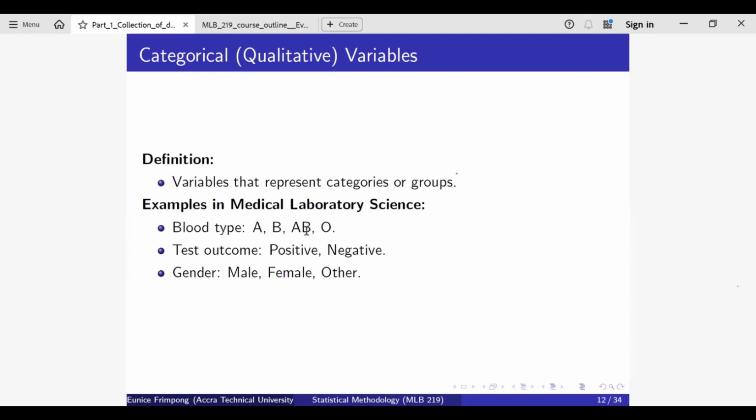You cannot assign numbers to them, as you can see. Test outcome. If you test for anything, let's say malaria, it's either positive or negative. So you can see that you can only group the outcomes into categories. All right. Gender, we have male, female.